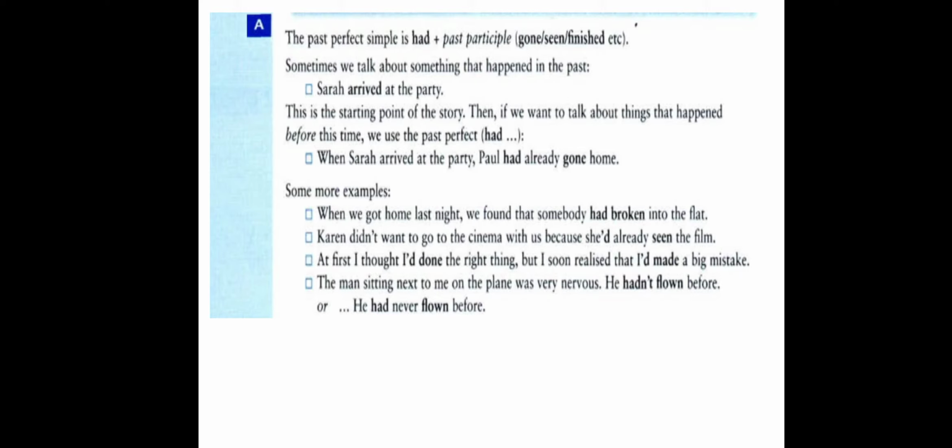So the first action is that she had seen the film. After some time, she didn't want to go to the cinema because the film was the same. To speak about the previous action, the first action, we use the past perfect: had already seen. And the second action, didn't want to go, is in the past simple.